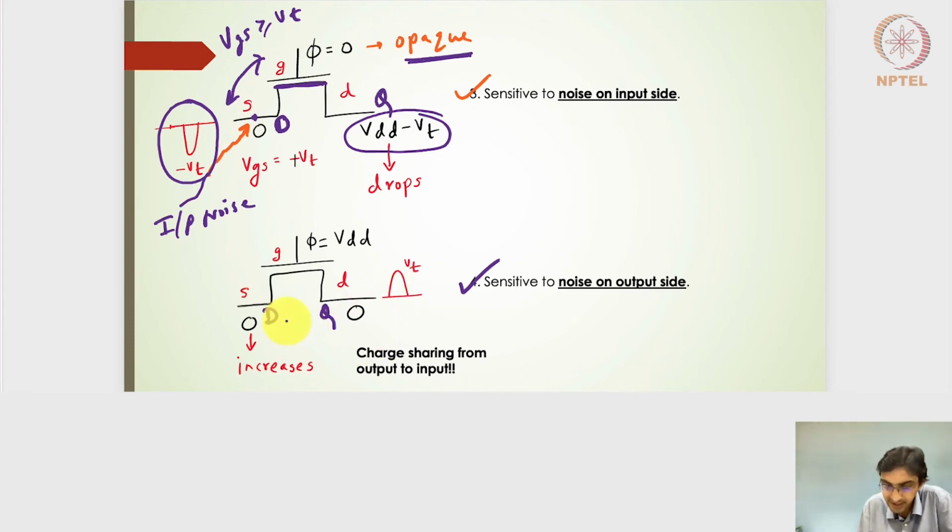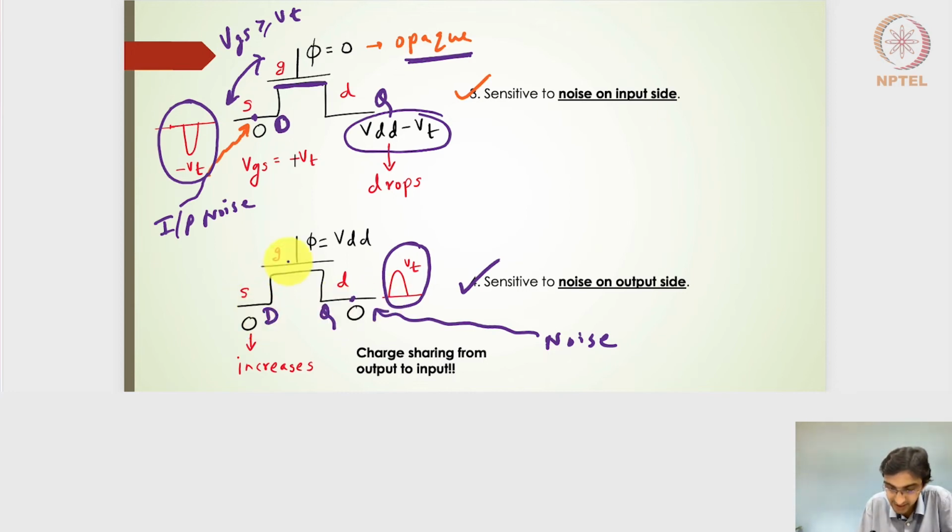But let's say the output line of this latch is very closely coupled to another circuit, and that circuit has a noise that is being coupled at the output side. Let's say the noise is characterized like a positive VT here. So this positive VT here will have an effect on the input side.